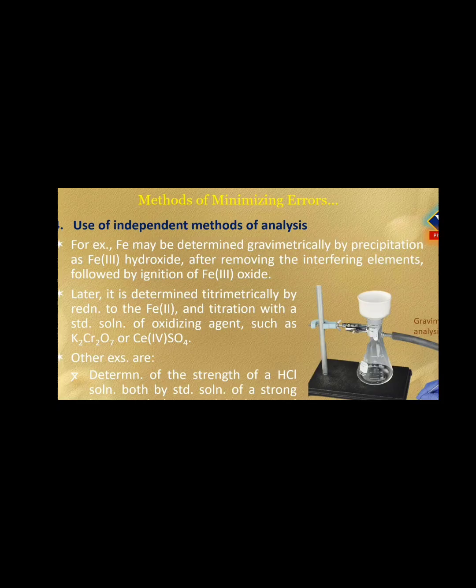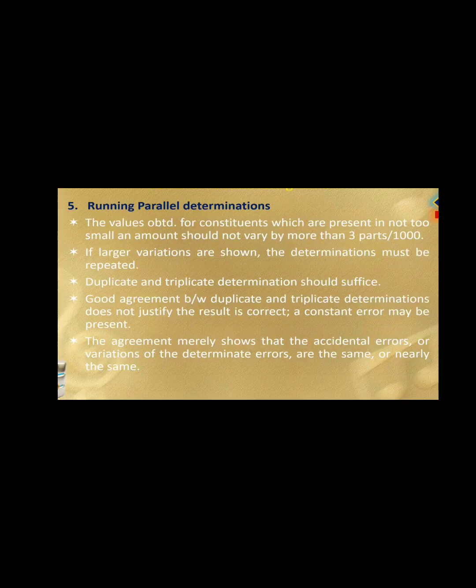It is determined titrimetrically by reduction to Fe2 and titration with a standard solution of oxidizing agent such as potassium dichromate and ferric sulfate. Other examples are determination of the strength of the HCl solution both by standard solution and by silver precipitation.